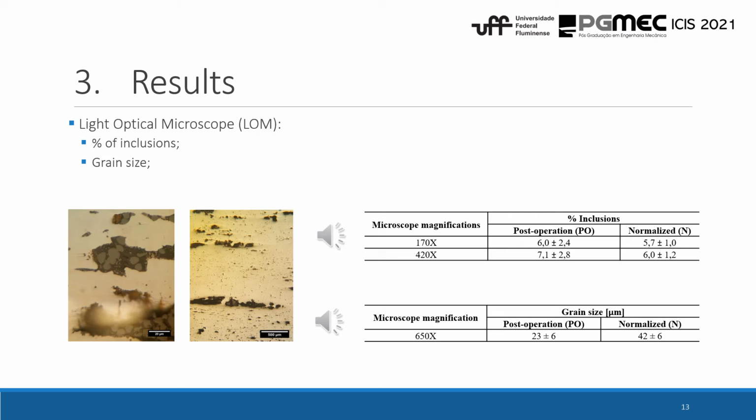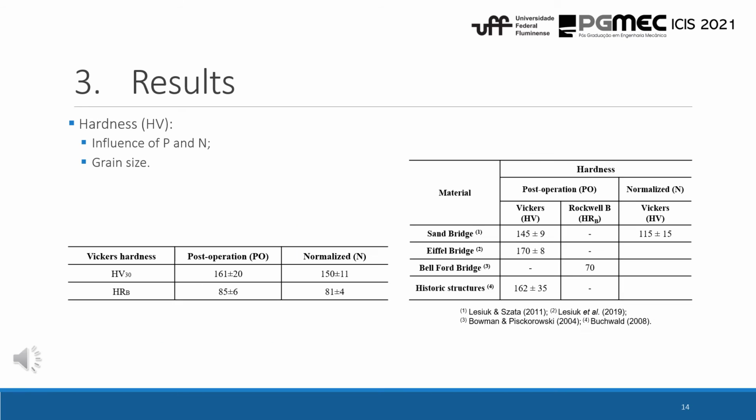On the other hand, after the heat treatment, the grain size suffered a significant increase, as we can see on the second table. In this test, we obtain high values of hardness, which is in accordance with the chemical composition analysis, since phosphorus and nitrogen can embrittle the material. After the heat treatment, we can see a decrease in the hardness values, probably due to the increase of the grain size.